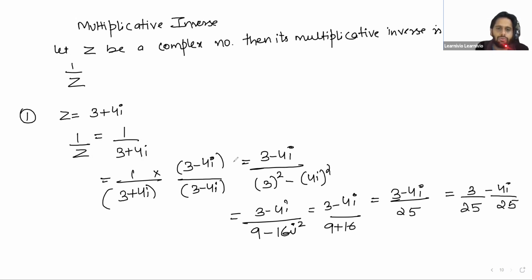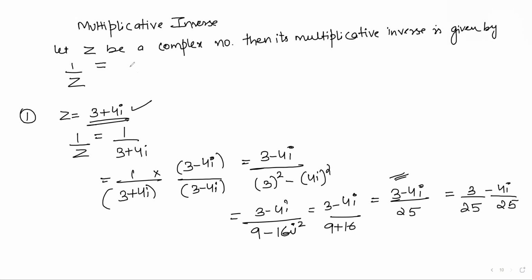Okay, so we need to change this into standard form. If Z is 3 plus 4 iota, then what is 3 minus 4 iota? Yusra, what is the relation between these? Conjugate. Yes, sir. So this will be equal to Z conjugate by, Yusra, can you tell me what is this 25?